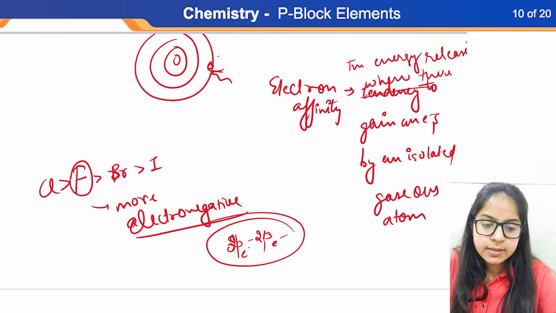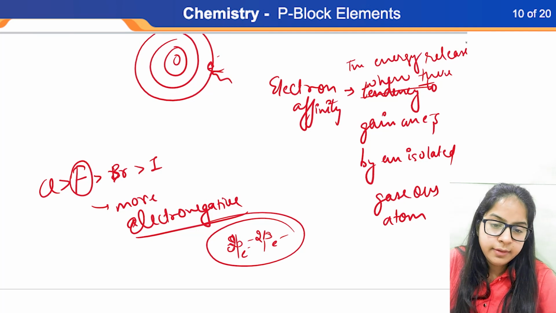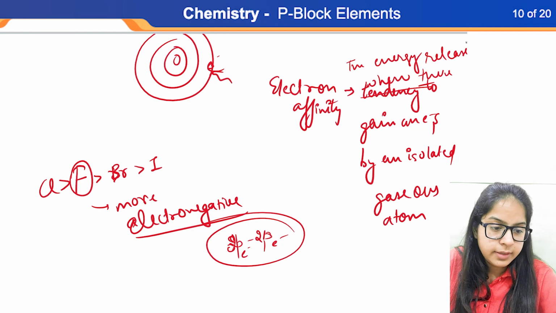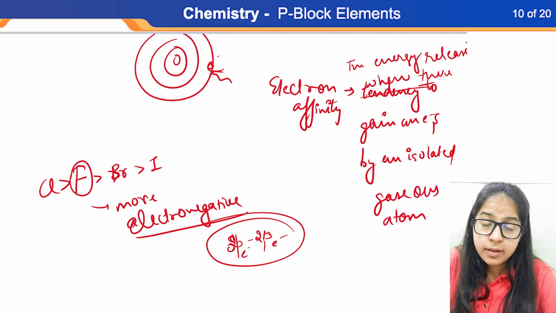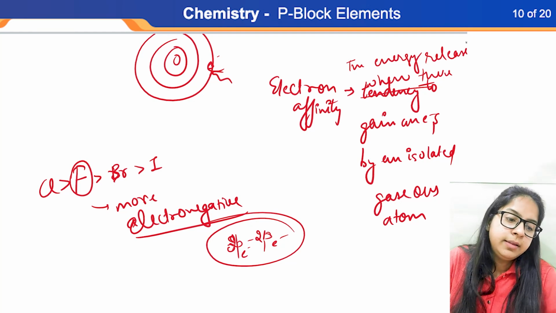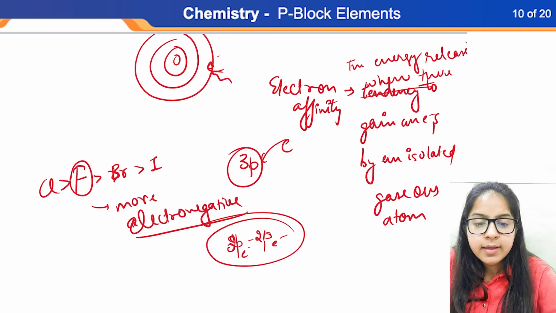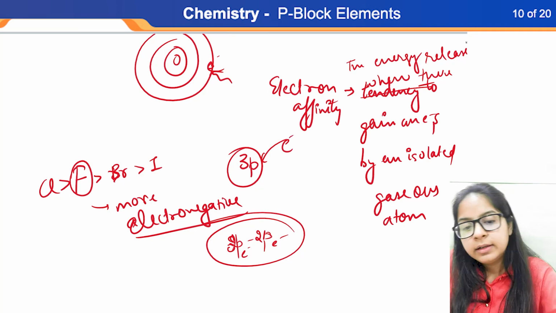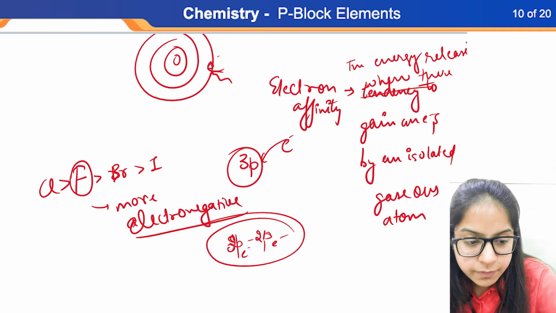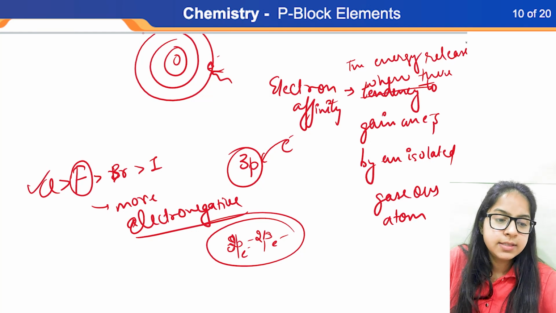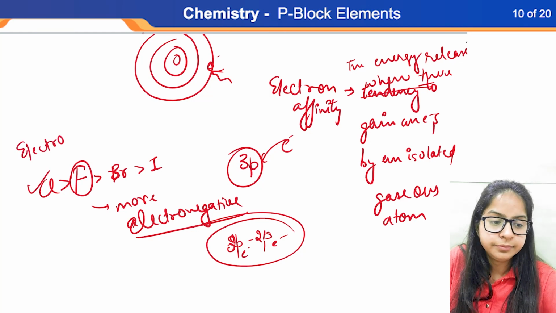If there is an increase in repulsion, then it is not stable. That's why chlorine, which has the 3p orbital in which we are having the electron, has somewhat less repulsion than in the fluorine case. That's why this is the electron affinity trend.